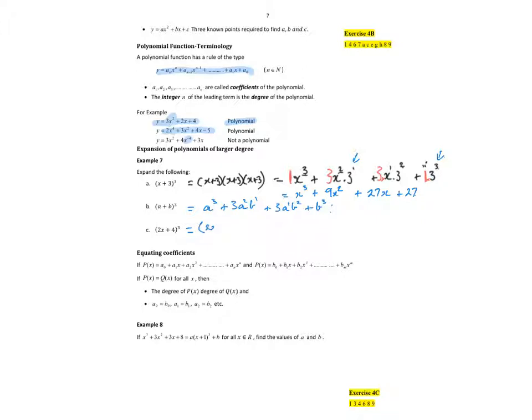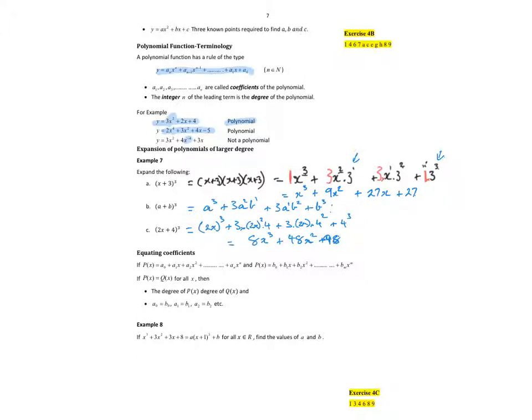This one here, 2x cubed plus 3 times 2x squared times 4, plus 3 times 2x times 4 squared, plus 4 cubed. So the powers change as you go. 8x cubed plus 3 4s are 12, 2 squared is 4, 48x squared, plus 4 squared is 16 times 3 is 48 times 2.